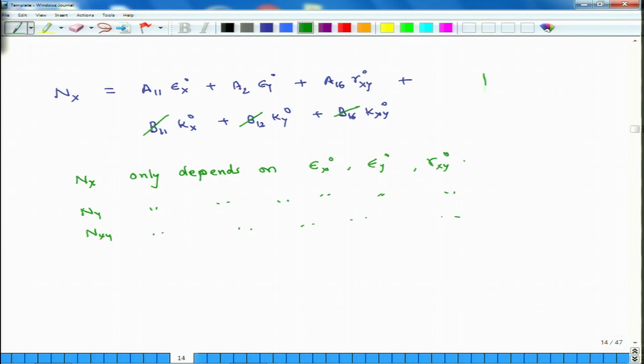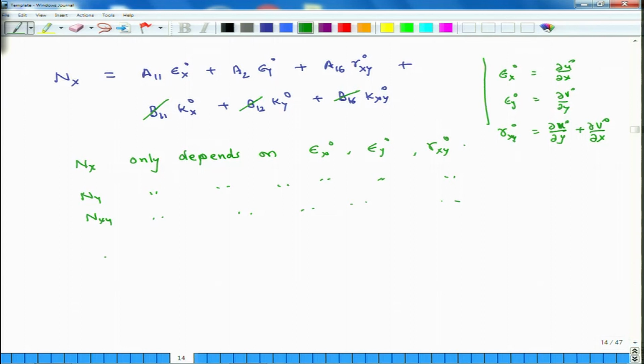Now, we know that epsilon x naught is del u naught over del x, epsilon y naught is del v naught over del y, and gamma xy naught is del u naught over del y plus del v naught over del x.